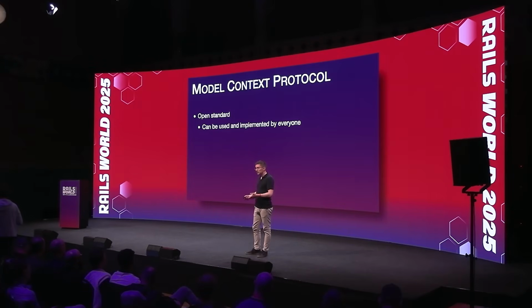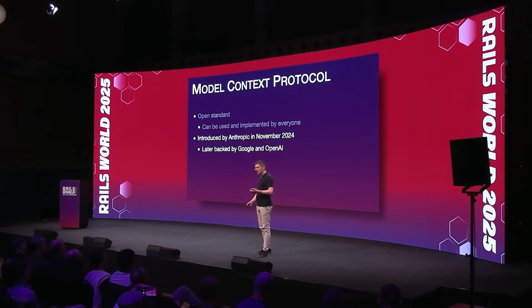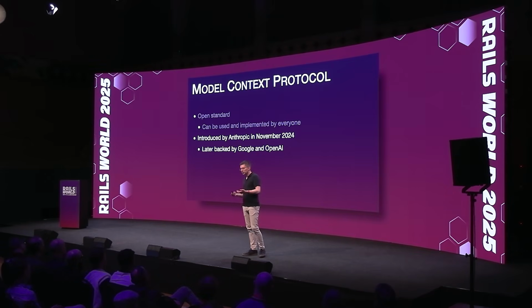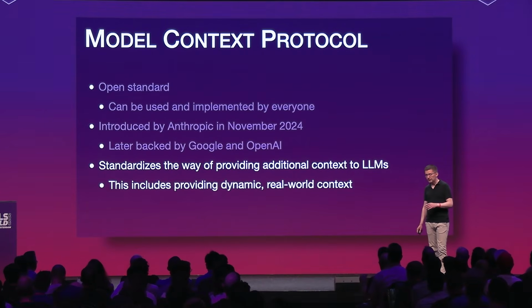Open means it can be used by all of you, any of you, and it can be implemented by everyone. It has been introduced by Anthropic last year in November, and it was so well accepted that it was backed by Google, OpenAI, and others around the world. There are so many one-liners that say what MCP is, none of them is true, none of them is accurate, but allow me to do my attempt.